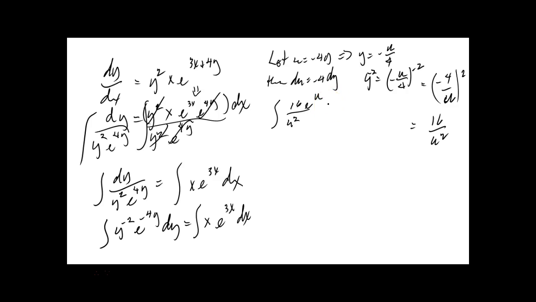And then you have a minus 1/4 out here, when you divide this by minus 4. That would give you your du, du over minus 4. That hasn't made it much better at all.